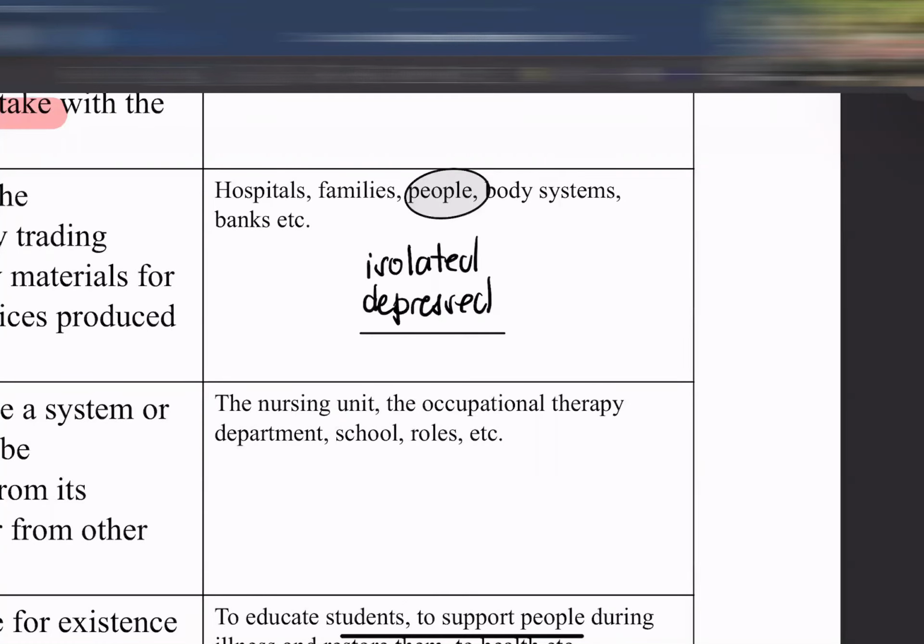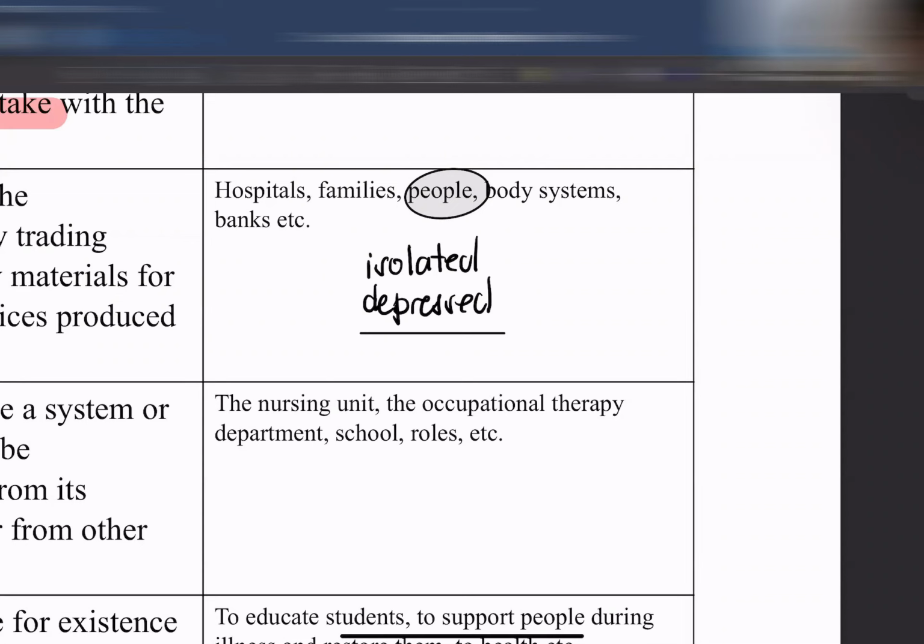And other than that, why does an individual become depressed? What do you think, guys, is the reason why a person becomes depressed? Can you give me points or examples? Overthinking, sir. Family problem. Yes, family problem.